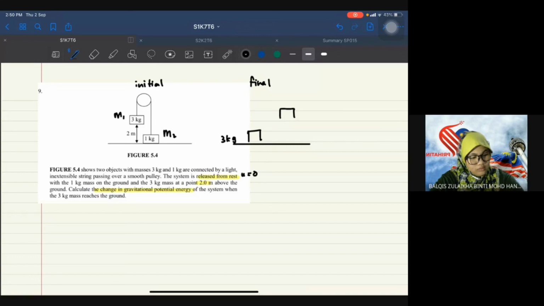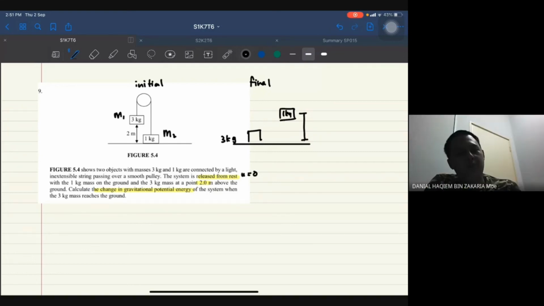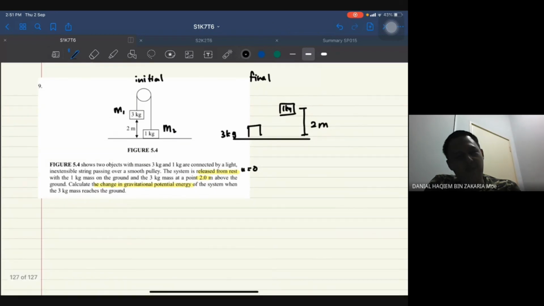My 1 kilogram is up here. Okay, berapa tingginya? 2. So dia turun 2, dia naik 2 lah. Takkanlah sebelah tu turun 2, sebelah lagi naik 3, pelik pula. Okay, soalan dia senang sangat. Saya ingatkan kita pakai conservation of energy, tak perlu pun.